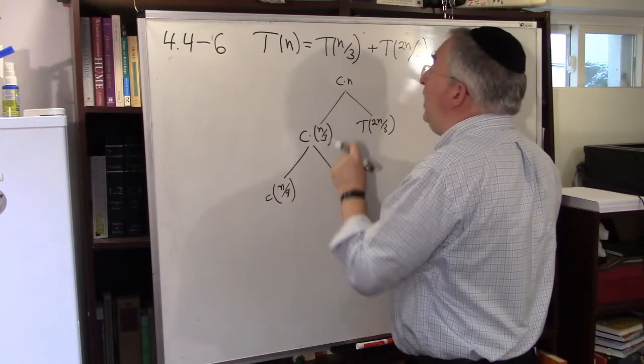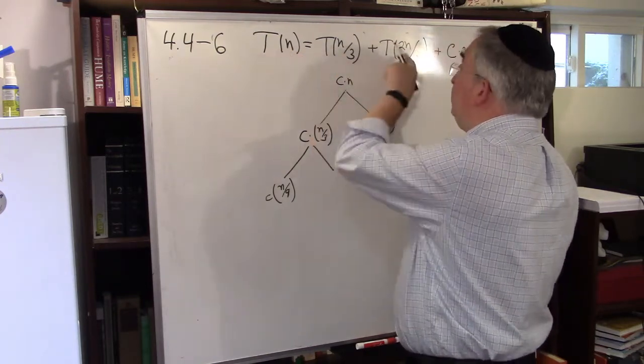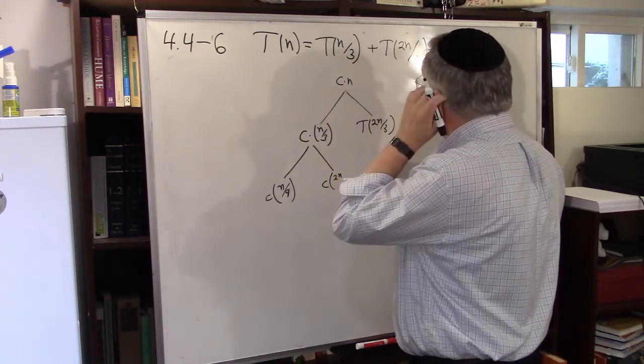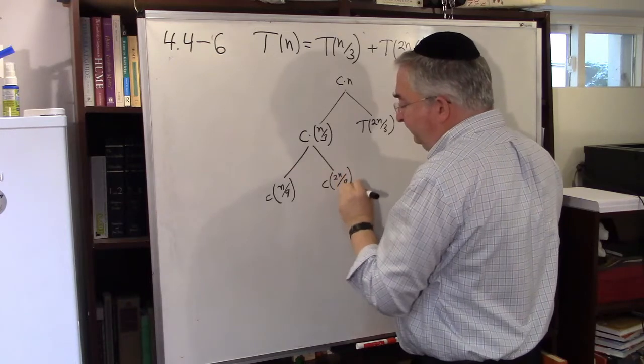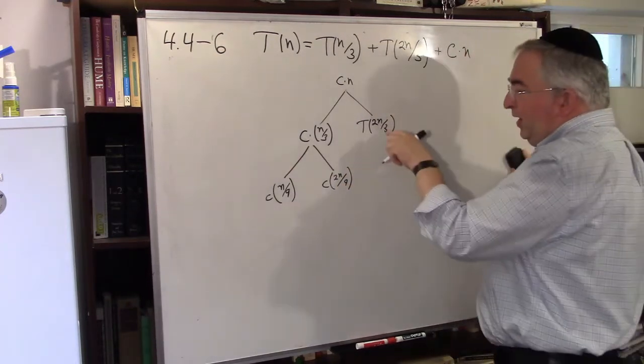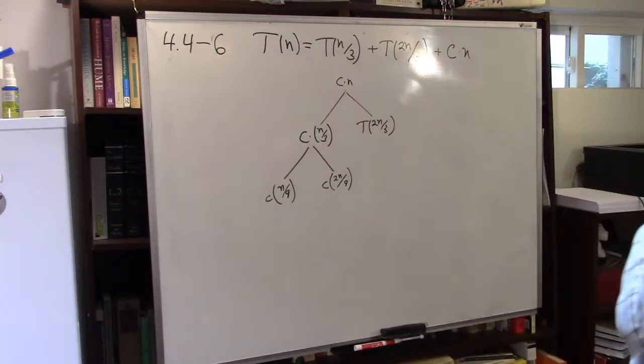Here, I plug in n over 3 and get c times 2n over 9. Okay, that's good. But what happens when we do this? Let's think about it for a second.